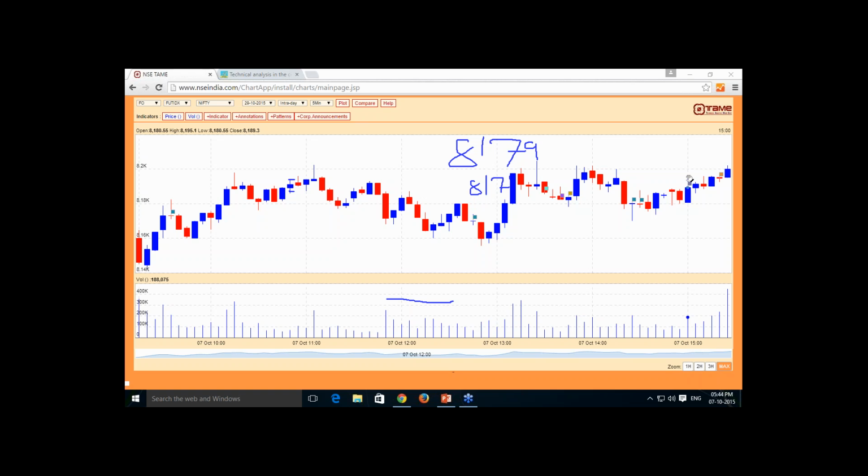On 15 points, take 0.786 and add it to this 8195. So you can say 8206 you are expecting here. Beyond 8206 only will it give you the breakout. It didn't happen; 8202 level it has given. So 8207 should have given a breakout.